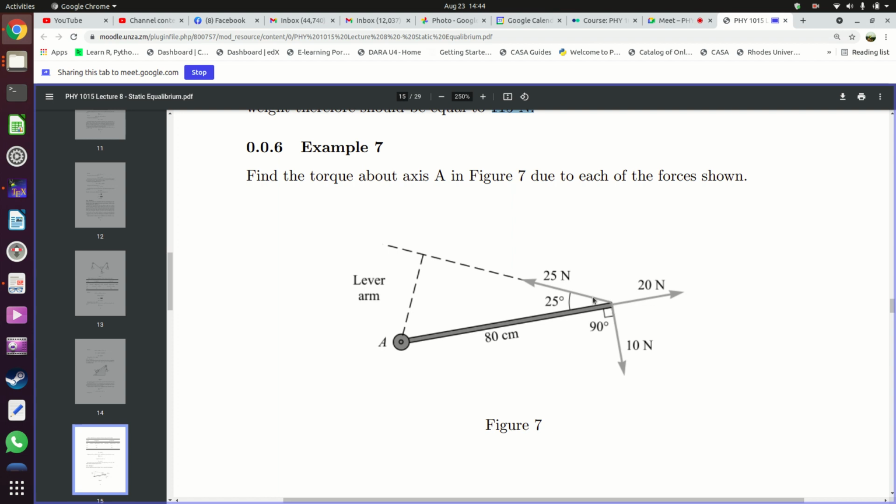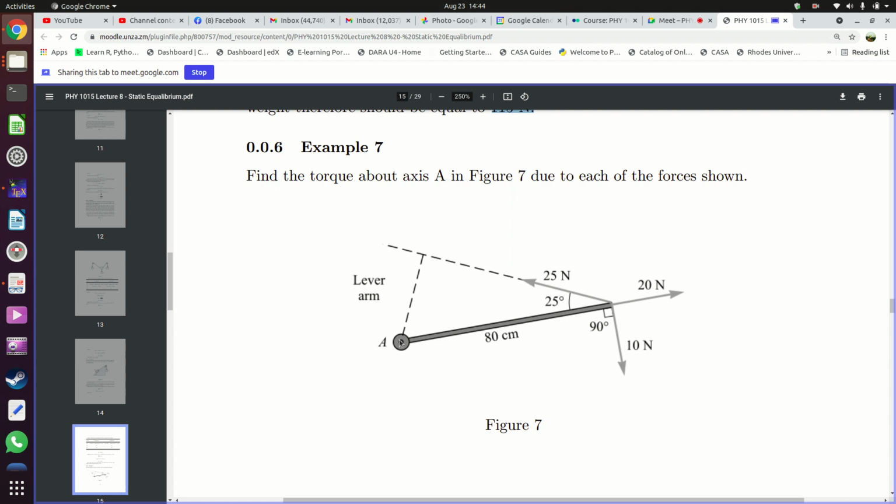Otherwise, if your force is not acting at 90 degrees, you need to multiply the distance from the pivot to where the force is acting times sine this angle. The angle which the force makes from the pivot, from this point to there, and the direction in which the force is acting, like that. You could also do the same thing with this bit here. You could say, okay, fine.